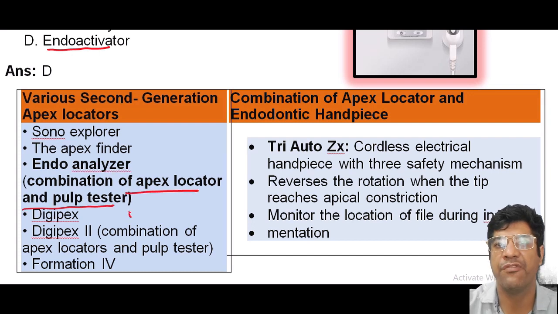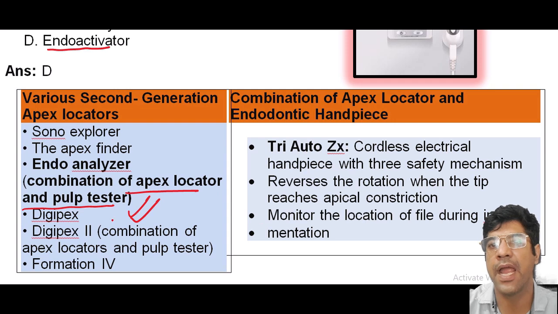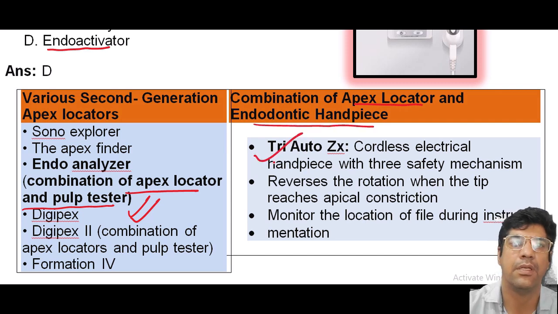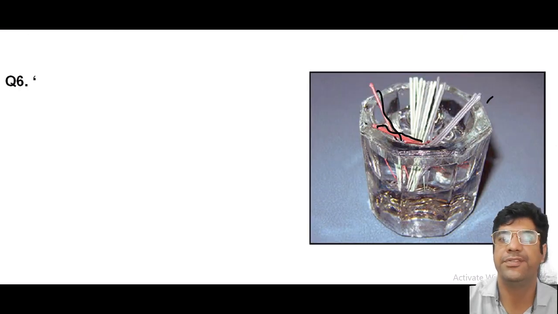And the combination of apex locator and endodontic handpiece is Tri-Auto ZX. So mark your answer of choice as B.